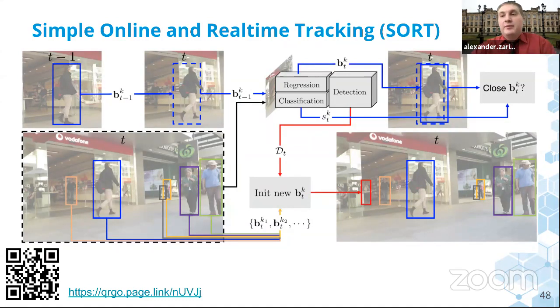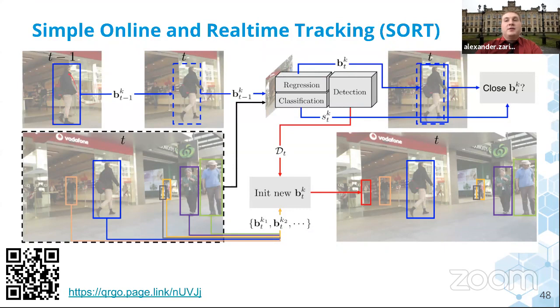We'll start with the SORT algorithm, which stands for Simple Online and Real-Time Tracking. It's quite straightforward, and almost everyone who has tried to work with video object detection comes up with such an algorithm. It works in the following way.